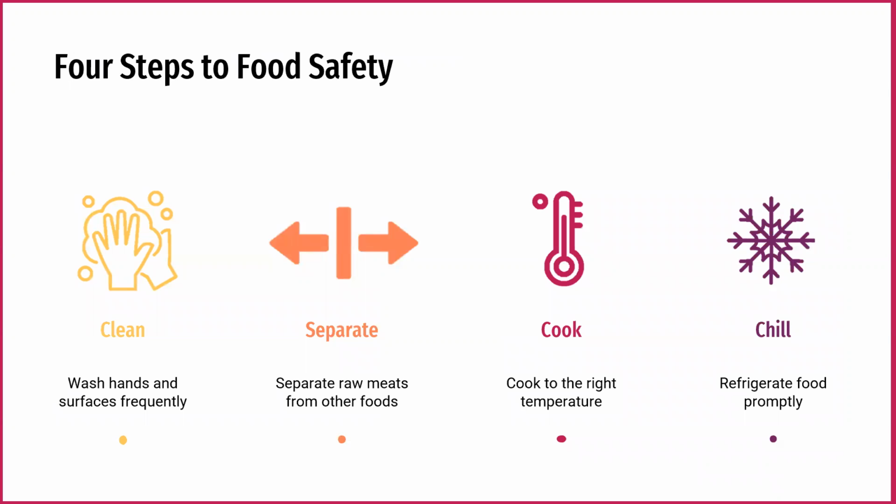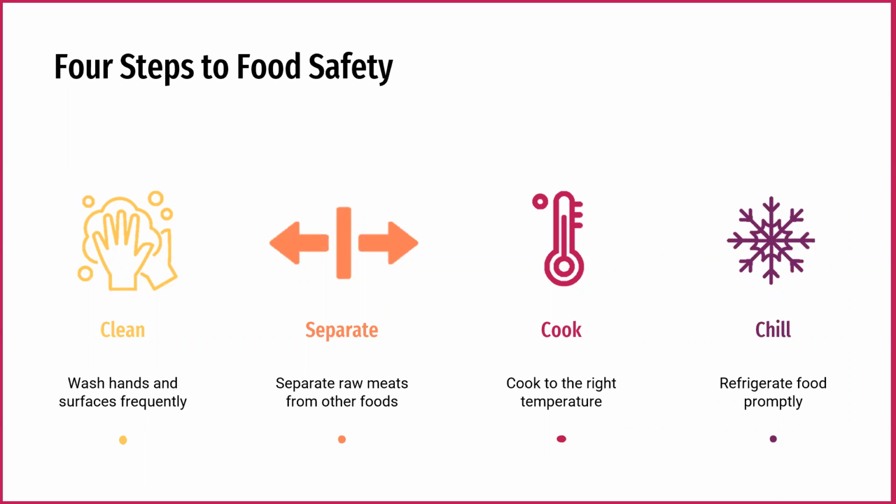So there are four simple steps to food safety: clean, separate, cook, and chill. Did you know an estimated 1 in 6 Americans will get sick from food poisoning this year alone? Food poisoning not only sends over 128,000 Americans to the hospital every year, it can also cause long-term health problems.